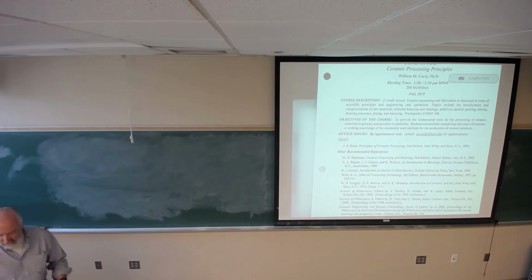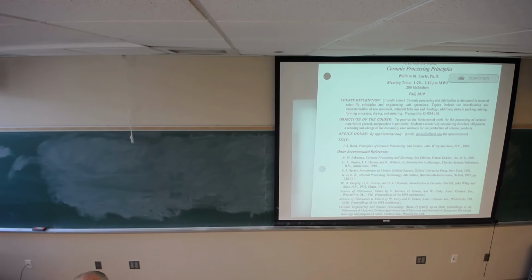Technically, this class was scheduled off the grid. You know what that means? There's a grid, and somehow this class got scheduled off the grid as a Monday, Wednesday, Friday class. Technically, it's supposed to be Monday, Wednesday, Thursday. You follow me? If you follow the grid.